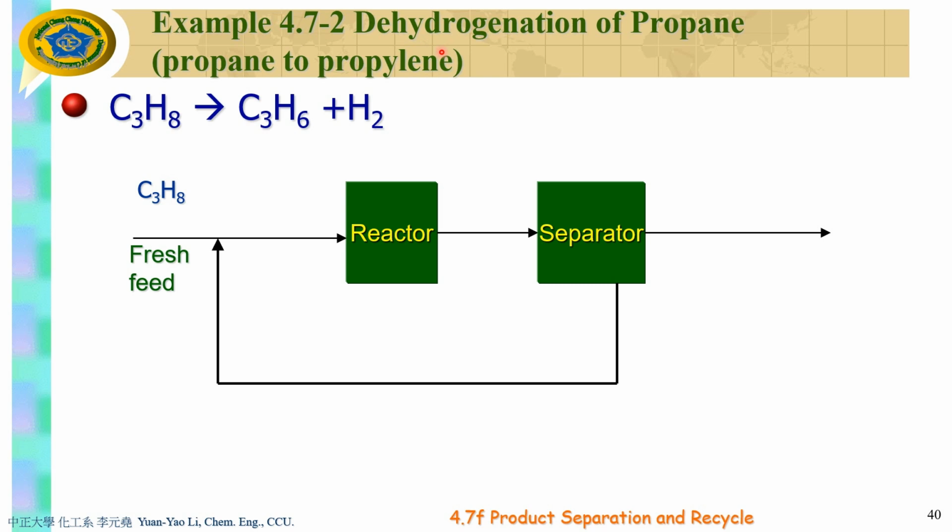Propane can be dehydrogenated to form propylene in a catalytic reactor. A catalytic reactor is where you put catalyst into the reactor. The catalyst doesn't get involved in the reactions, but it reduces the activation energy, so you can have easier chemical reactions. So that means C3H8 becomes C3H6 plus H2.